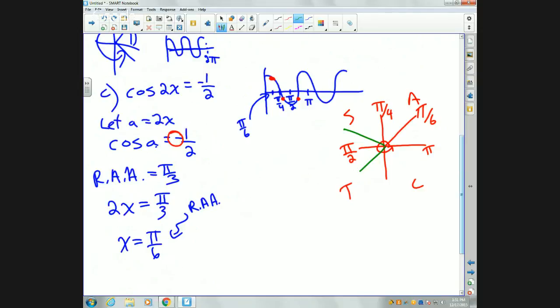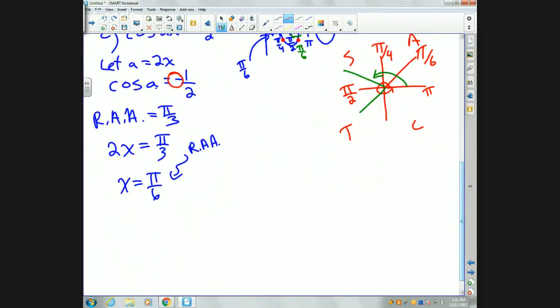How do we find this angle right here? Pi over 2, subtract that pi over 6. And that shows up on this graph here, by the way. Shows up right here. Here's the pi over 2. This distance in here is pi over 6. This distance on this side, also pi over 6. So then the value of x, I should have used a different letter in here.